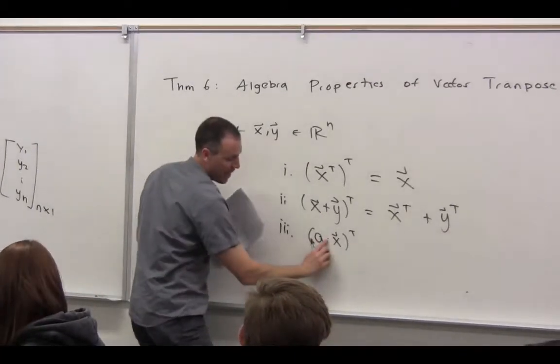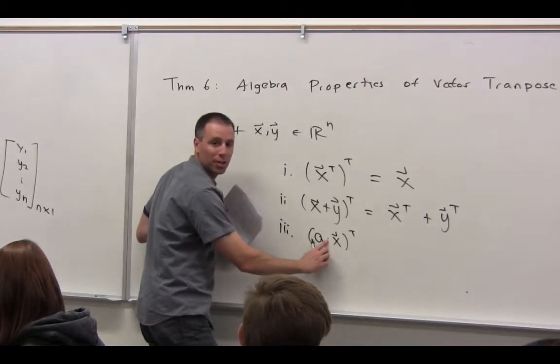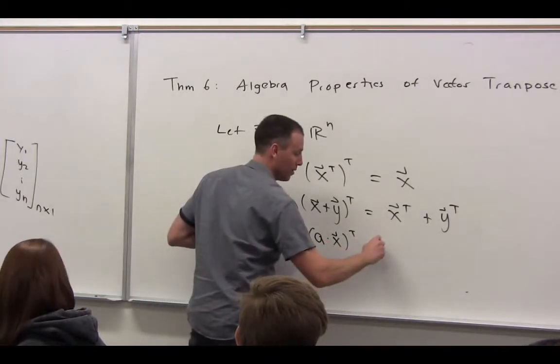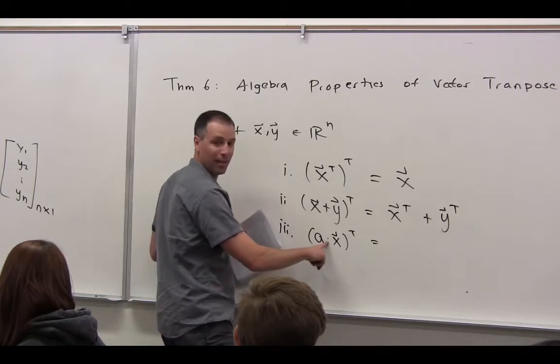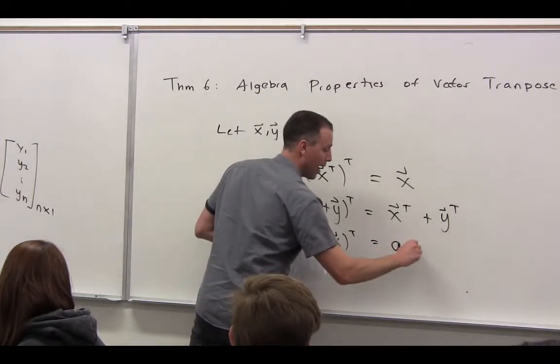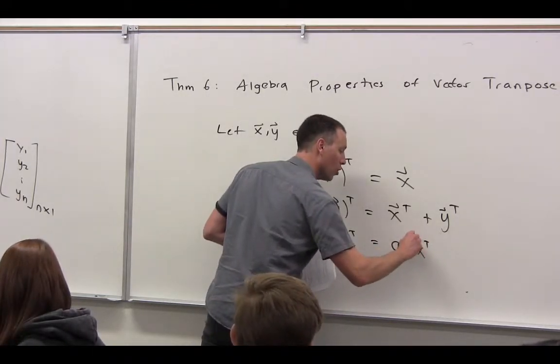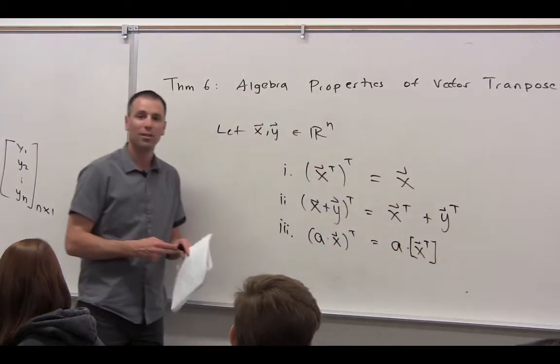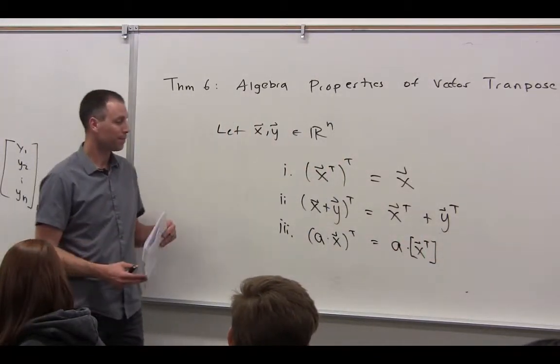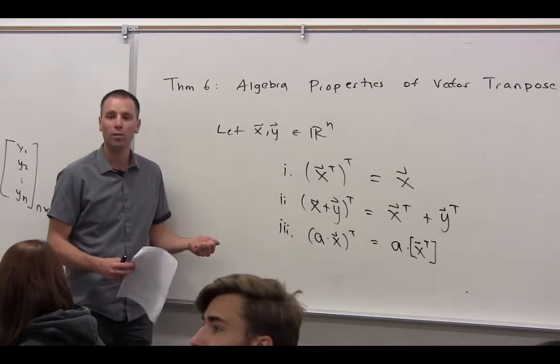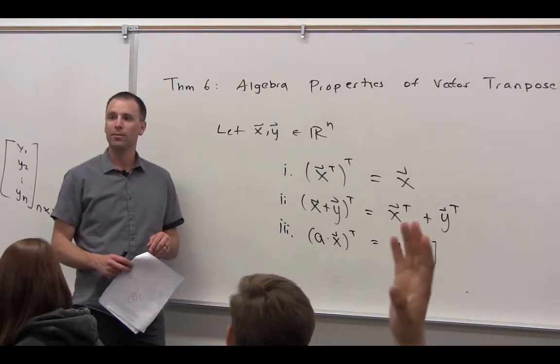This is scalar column vector multiplication, and this now turns into scalar row vector multiplication. I leave the proofs of those to your break time.